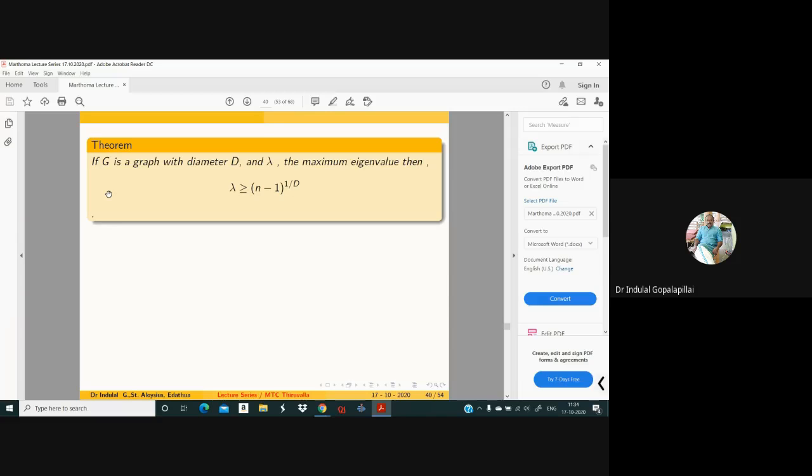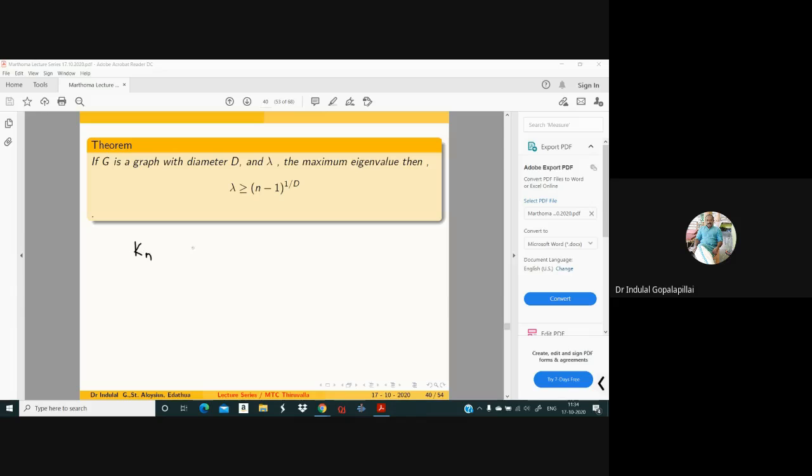And if you do not find time for proving this, you see that there are some graphs attaining this equality, for example complete graphs.